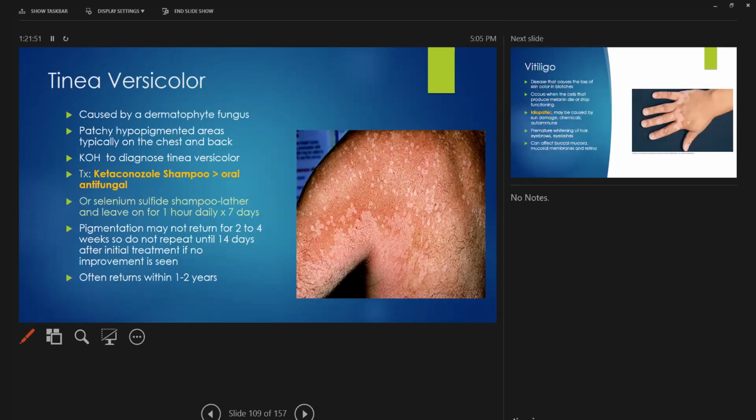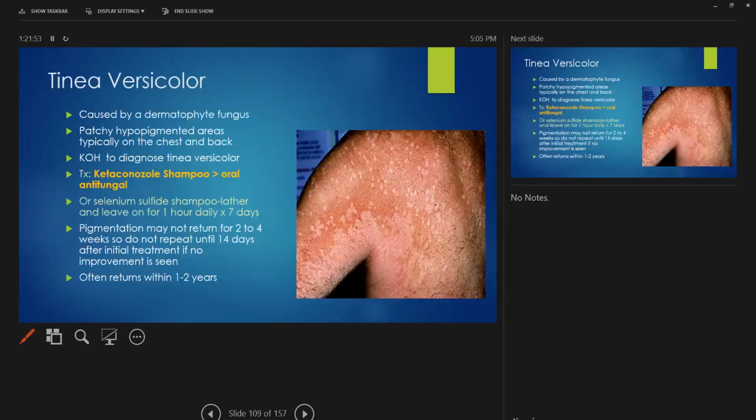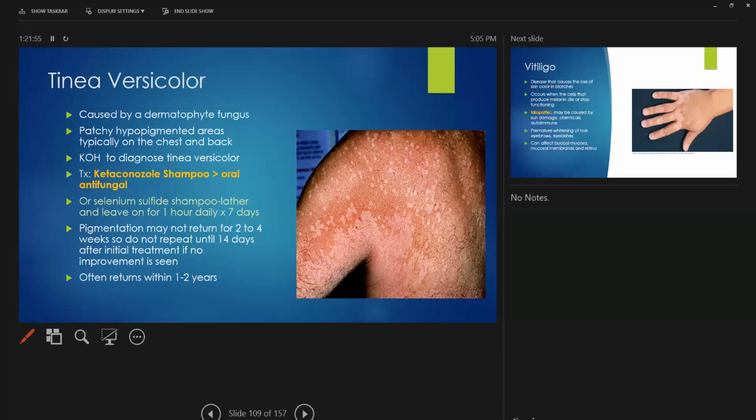Tinea versicolor. So tinea versicolor, they call it versicolor because it's not red like that. It's this almost hypopigmented areas on the chest or back. Kind of looks like a cheetah print, but it's lighter, not darker. So what they suggest is this ketoconazole shampoo, which is Selsun Blue.